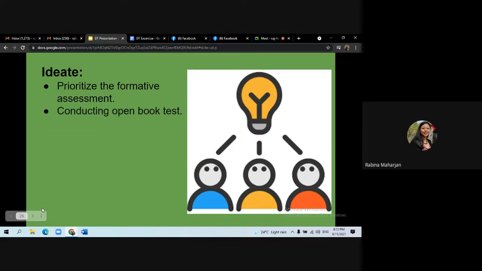The next idea is conducting an open book test. Everybody is talking about open book tests, but in the context of Nepal, it seems a little challenging, because we are not used to the kind of questions an open book test demands. But still we have given this idea for this problem. Using online tools to conduct examinations is another idea.